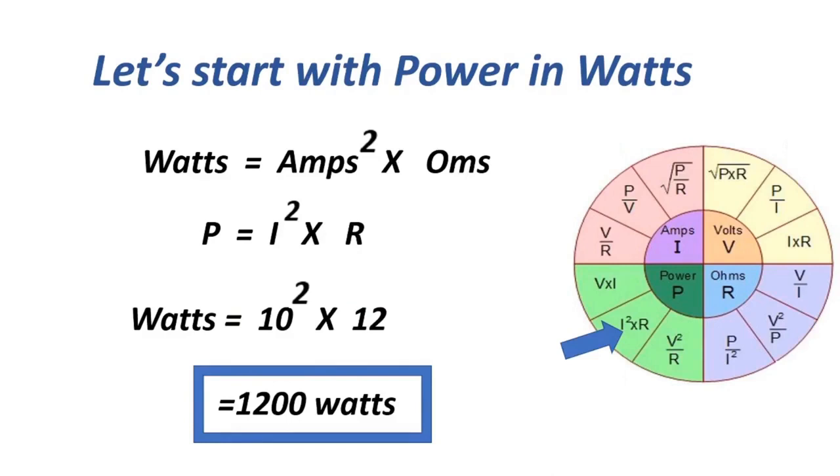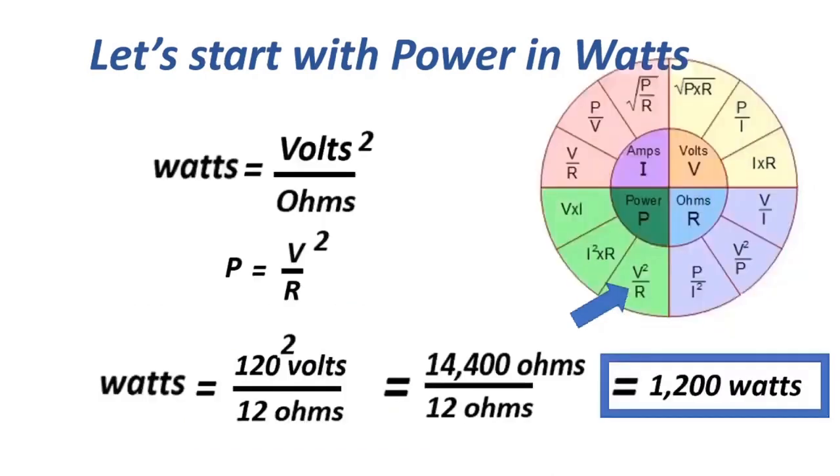Our answer is 1200 watts. The next formula of power is watts equals volts squared over ohms, or P equals V squared over R, equals 120 squared over 12 ohms equals 1200 watts.